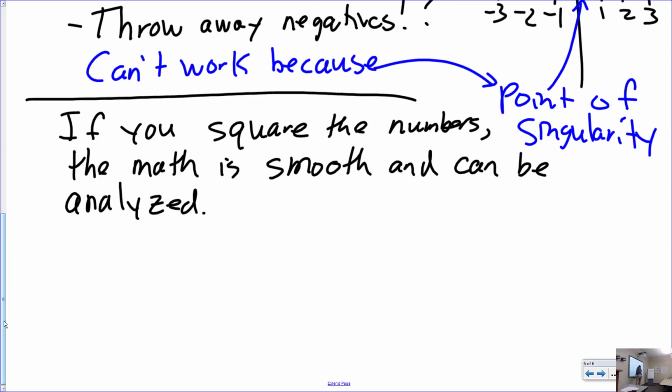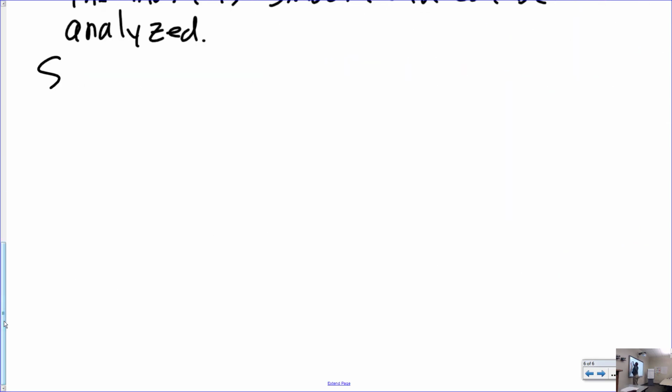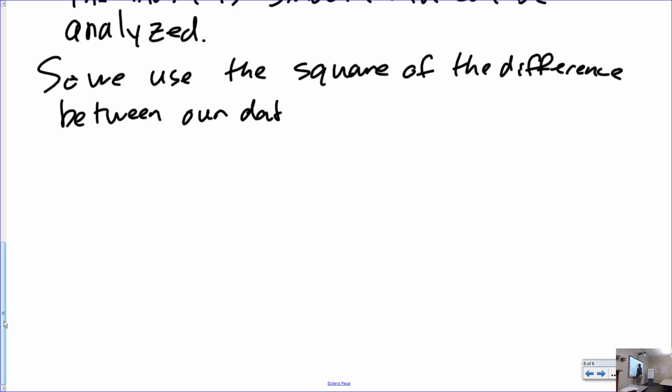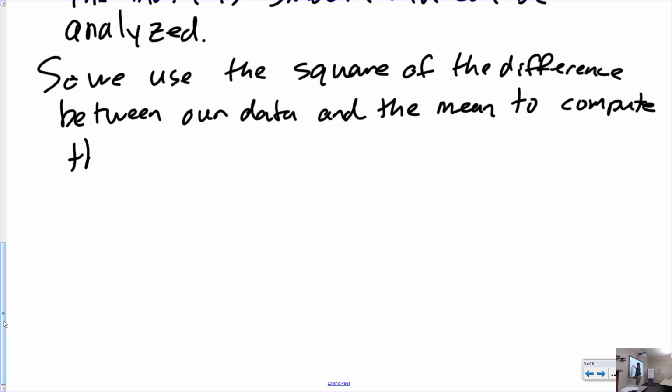So what we do is use the square of the difference between our data and the mean to compute the variance of our data.